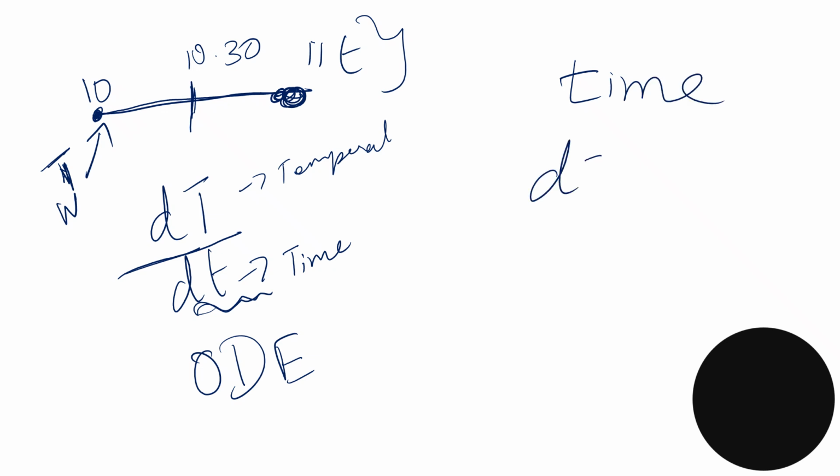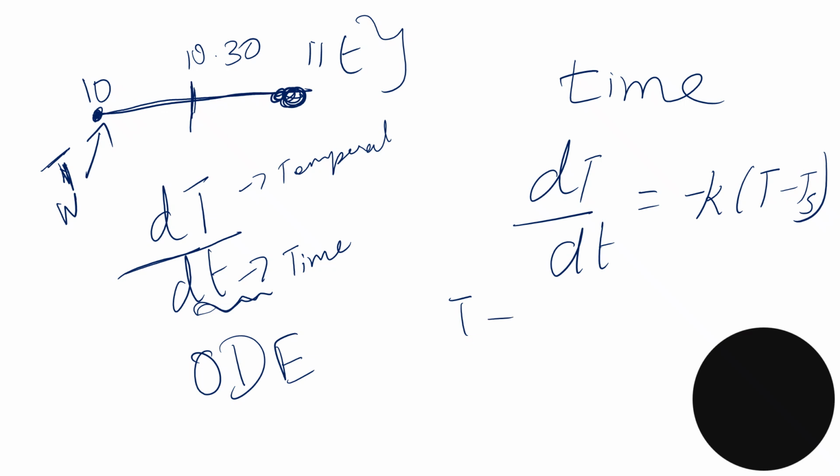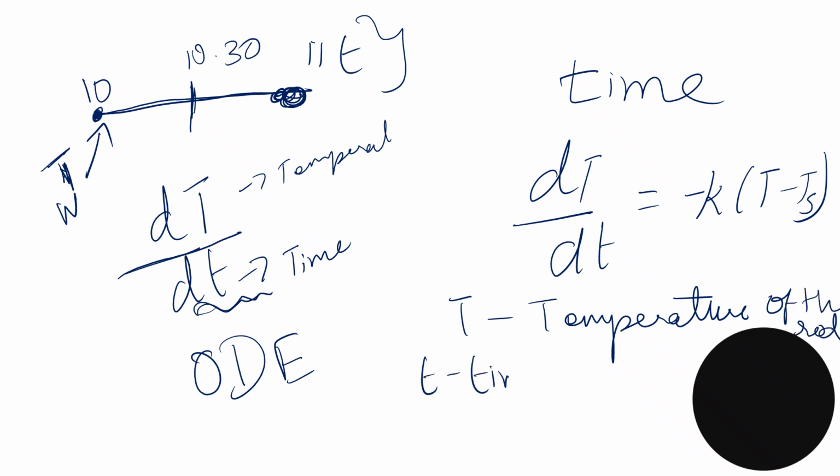So I can write this equation dT by dt equal to minus k into T minus Ts, where T is the temperature of the rod, the temperature of the iron rod. Next, small t is time. Next, Ts is the surrounding temperature. Next, k is a constant.